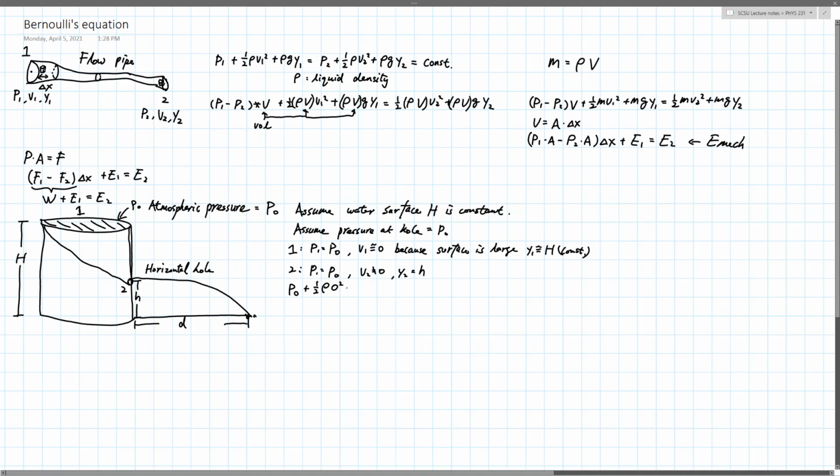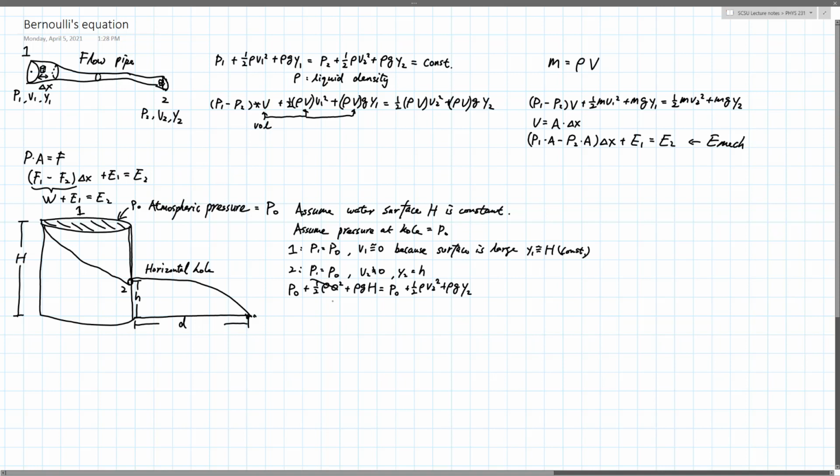And plus rho g y1, height H, that doesn't change. And the other side has pressure also open to the air, atmospheric pressure, plus 1/2 rho v2 squared plus rho g y2. Okay, so this is 0.